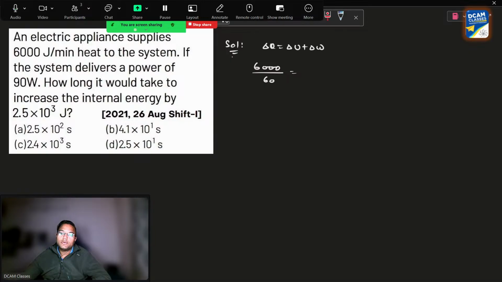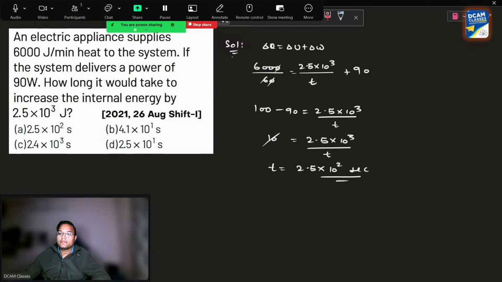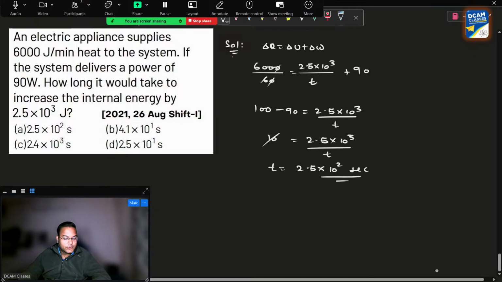We are actually doing everything in power. System delivers a power of 90 watt. So we are actually dealing with powers. So this is 90 watt. How long will it take to increase internal energy by 2.5 into 10 power 3? So 2.5 into 10 power 3, we can divide by time t. The time we need, and this is the answer. Easy question it was actually.